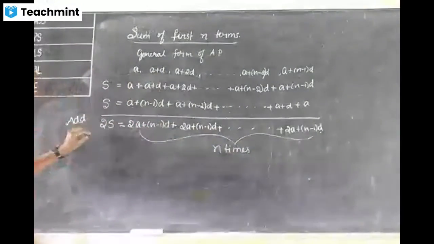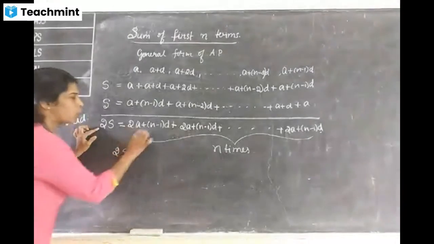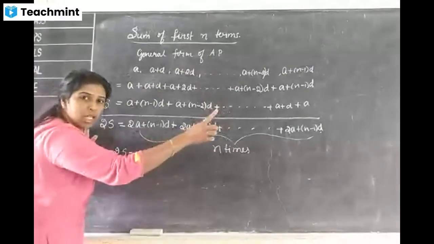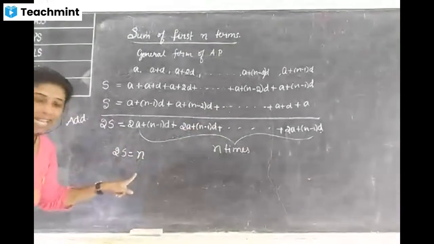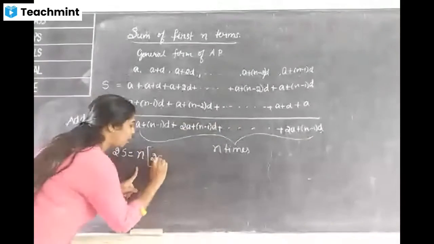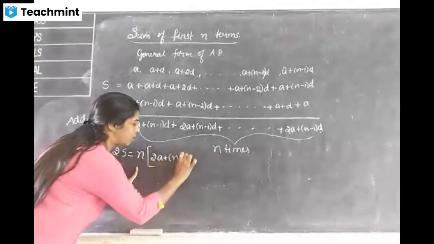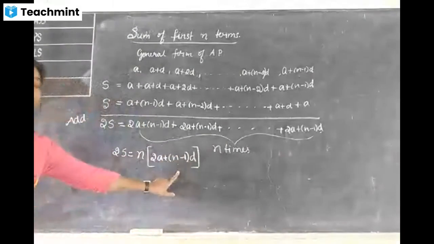So 2S is equal to n times 2a plus n minus 1 into d. Now I want only the sum, so I bring the 2 down. It becomes S is equal to n by 2 into 2a plus n minus 1 into d.